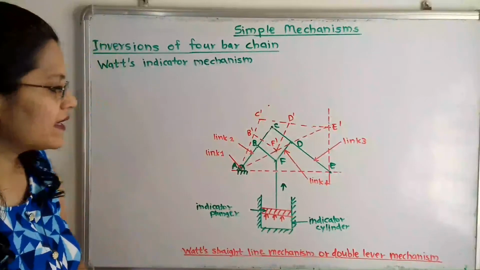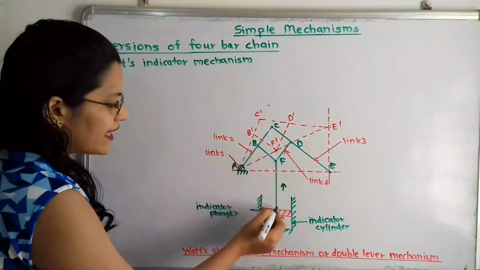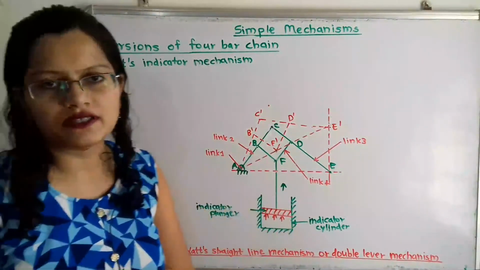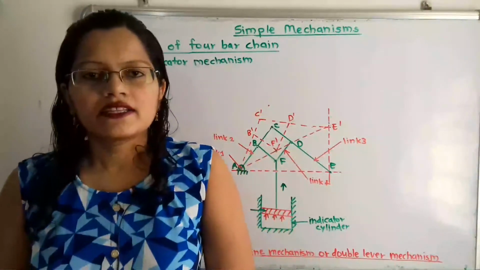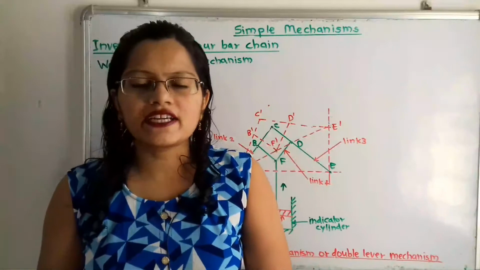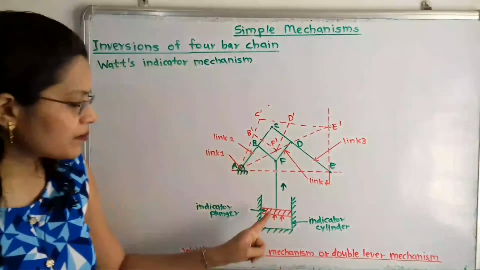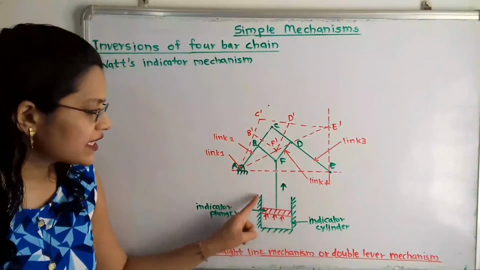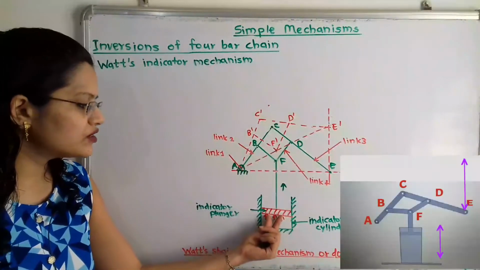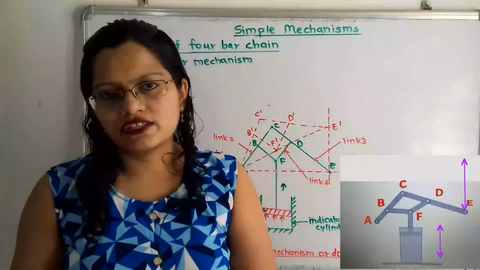Now what is happening, this link 4 is getting attached to this indicator plunger. Now in this mechanism, when there is pressure acting on this indicator plunger by the gases or steam in this indicator cylinder, then this plunger moves in the upward direction.